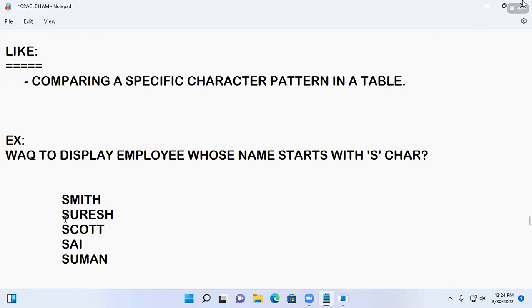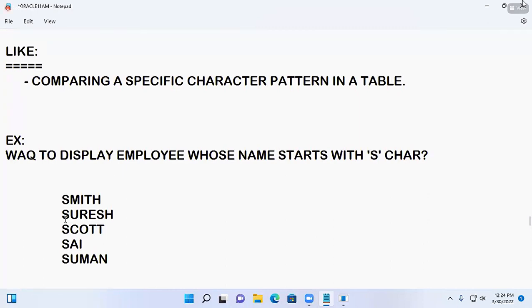But out of 1 lakh rows, I want to pull out the people whose name starts with the S character.